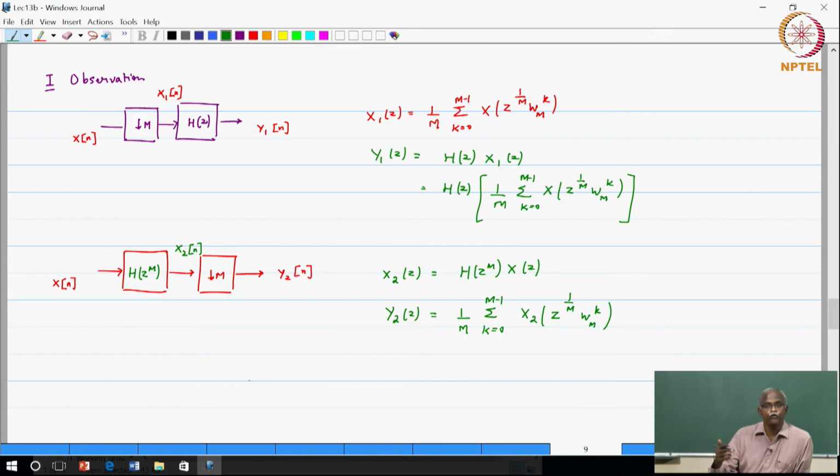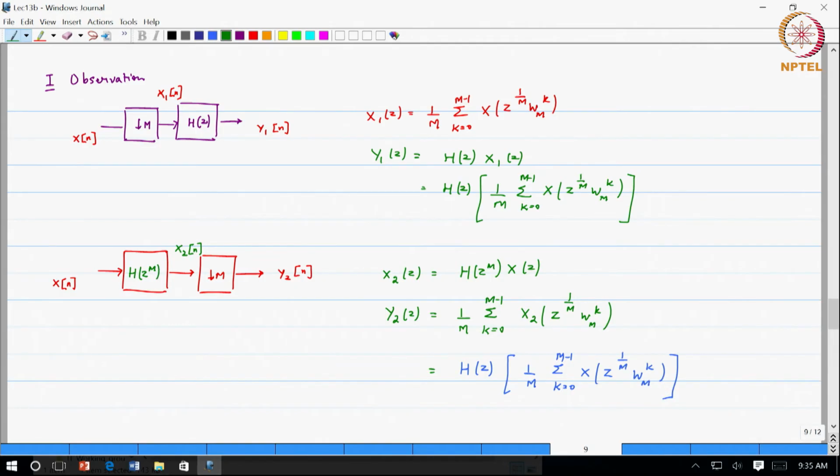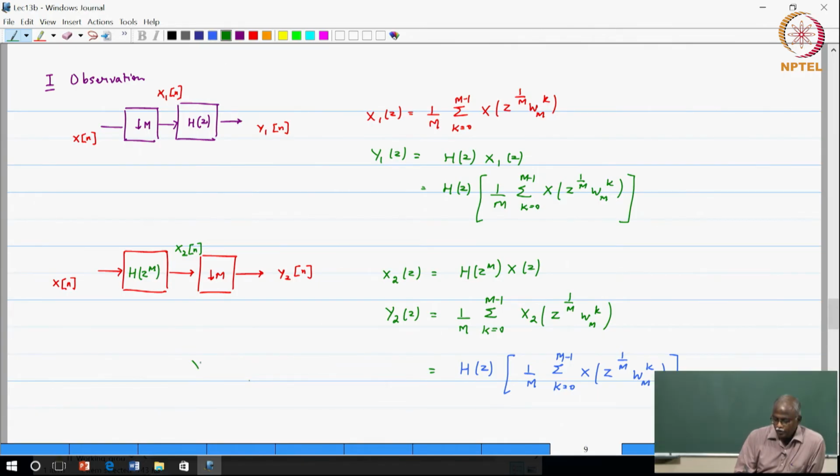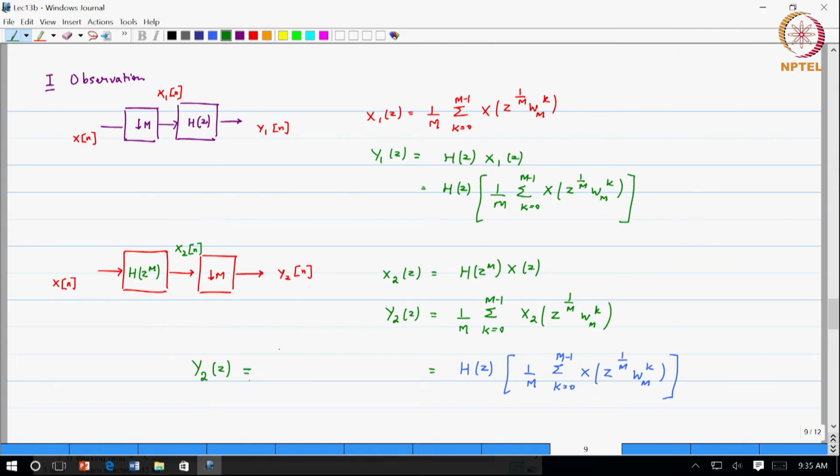Now please substitute for X2(z) from the earlier equation, and please do verify that the result that we get is actually H(z) times 1/M summation k equal to 0 to M minus 1 of X(z^(1/M) W_M^k), which means that we have Y2(z) equal to Y1(z), which means y2(n) is the same as y1(n), which basically means that these two blocks are one and the same.